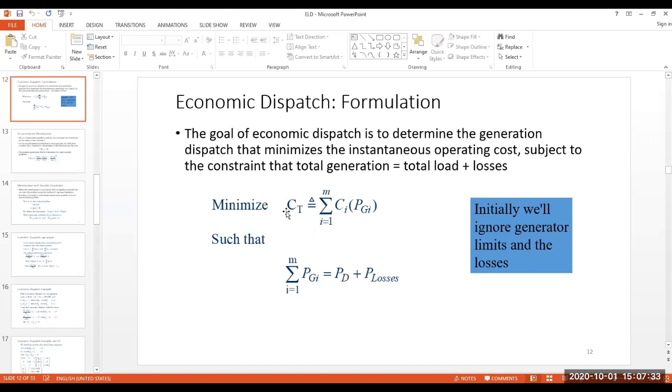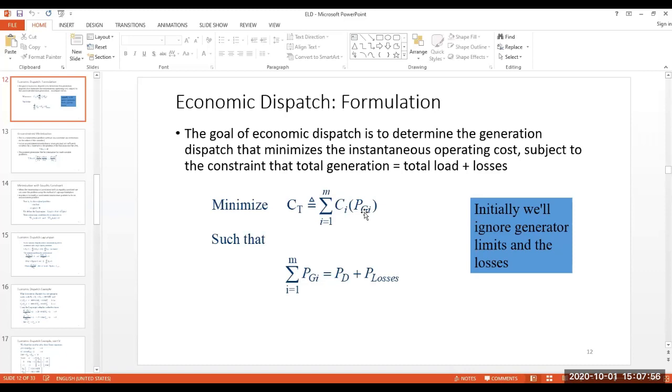So this is our f of x, and this is our g of x. Can anyone tell me which one is the x variables there? Sir, PGI. Excellent. PGI, that means the generation output from each of the generators.